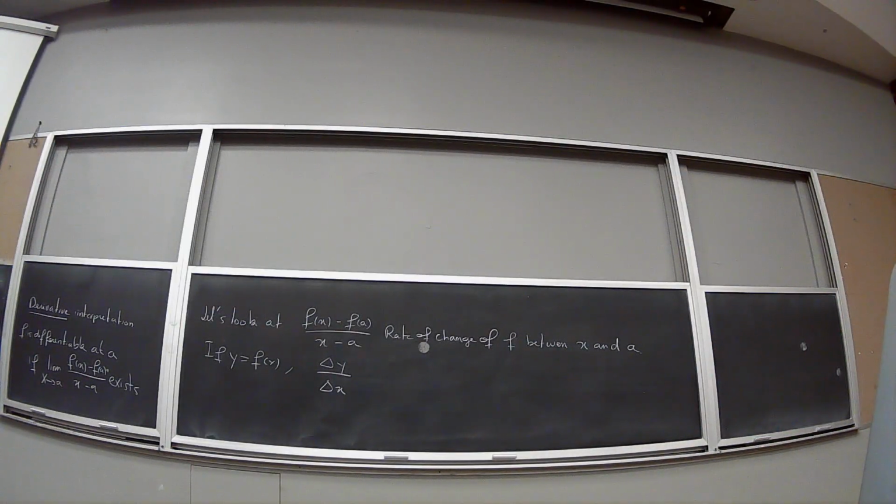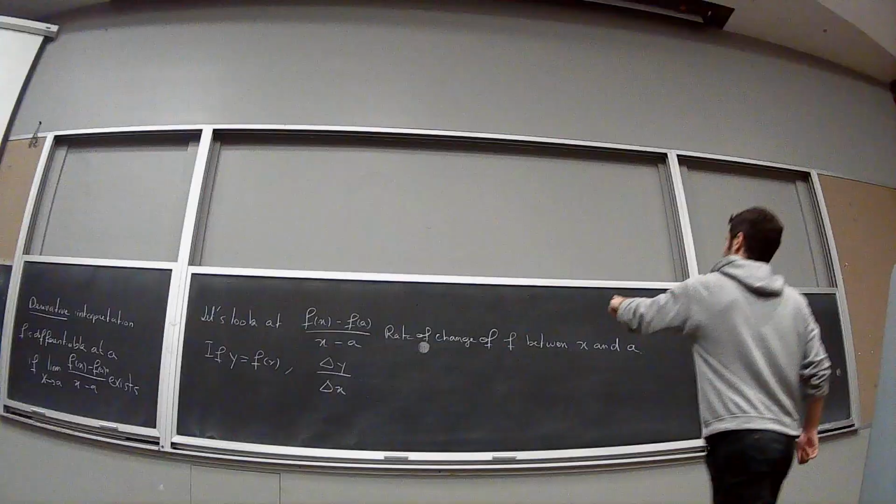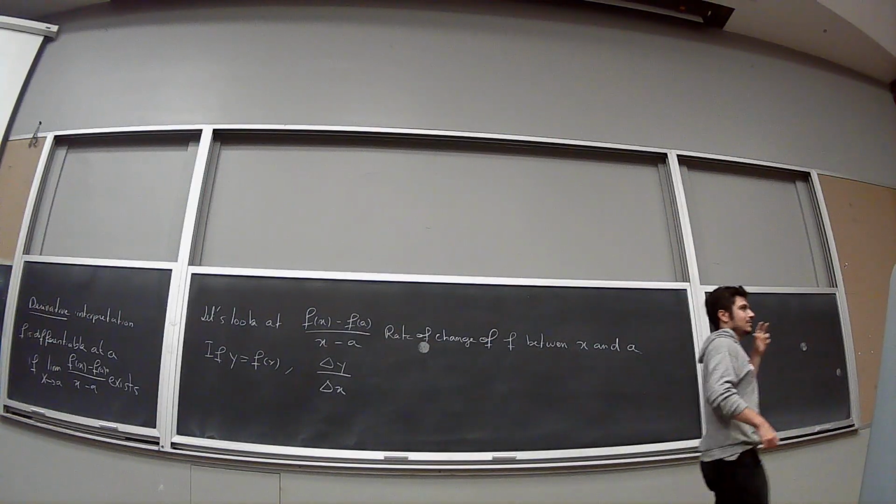Great. Now, what is the derivative? How can I write the derivative at a with this quotient? What do I take to get the derivative? Oh, you're looking at the rate of change of f prime, right?